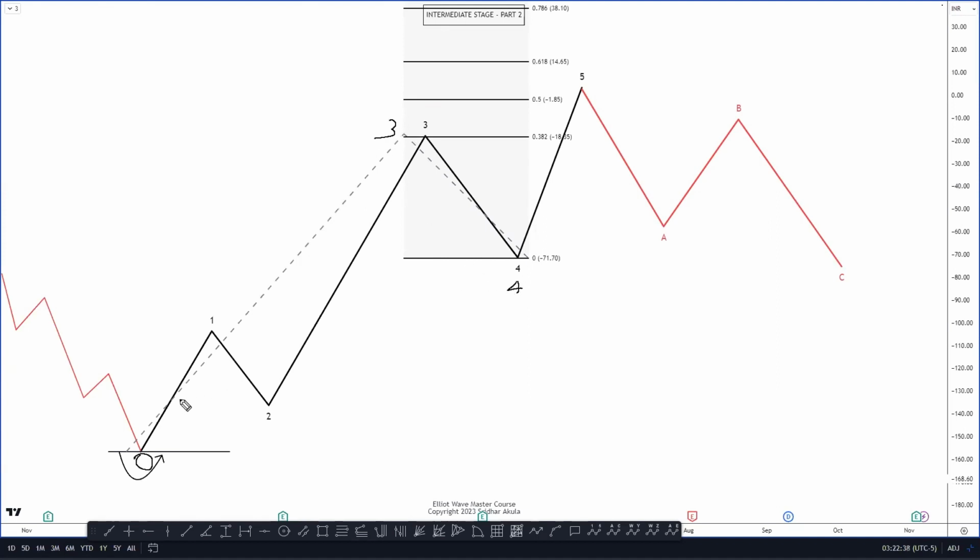Okay, I take the extension, and the minimum requirement for me to see a fifth wave is the 3.8 extension. Minimum requirement. After this, if this is crossed, if this is touched, I mostly complete my booking of most of the positions. I leave the rest for trailing.